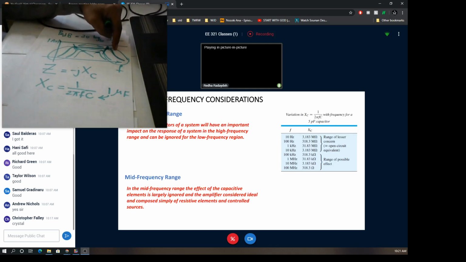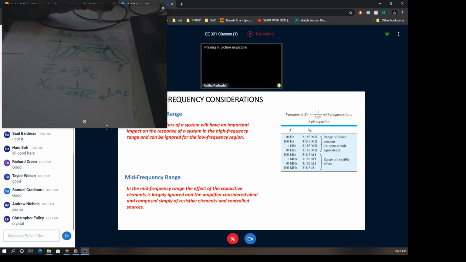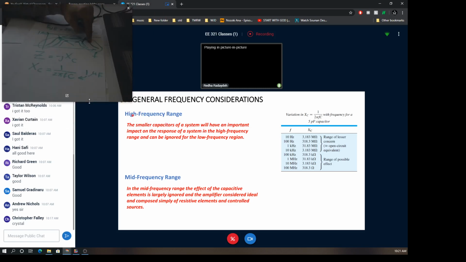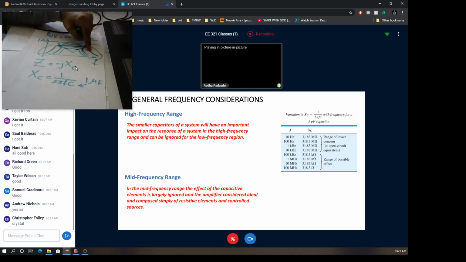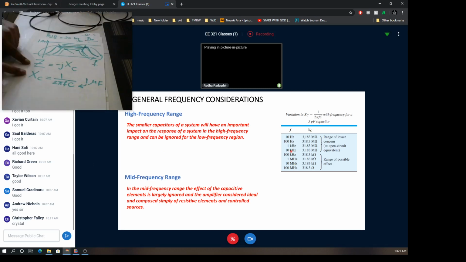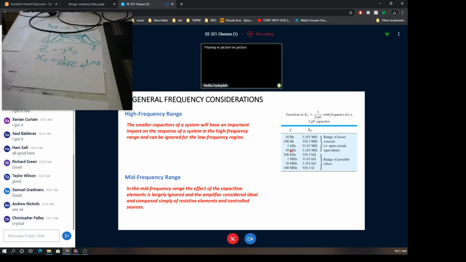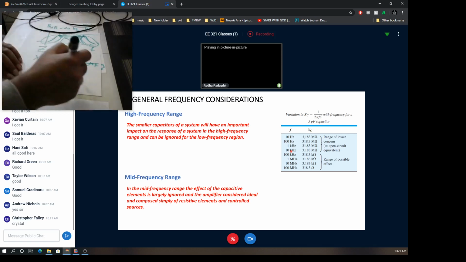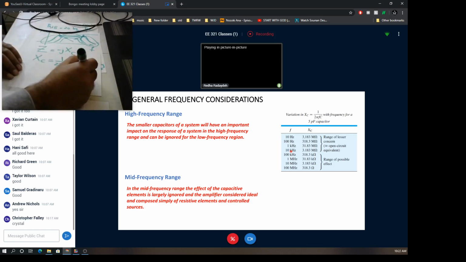We said these smaller capacitors, because of the internal structure of the device itself, are responsible for decreasing the gain at these frequencies, and the reason for that is very clear when you consider the table here. We're doing the same: we find the impedance of the capacitor, but now the capacitor value would be very small. Instead of a 1 microfarad external capacitor, the internal capacitors are usually in the picofarad range.